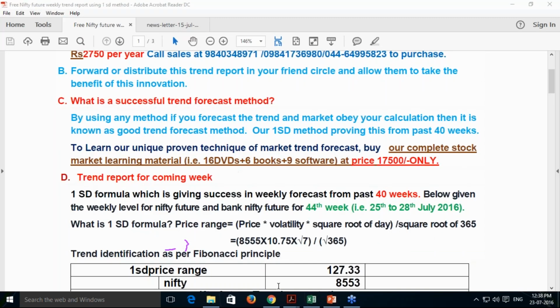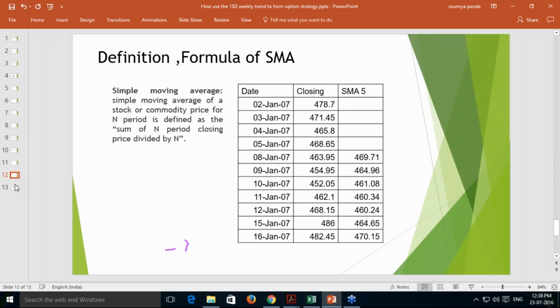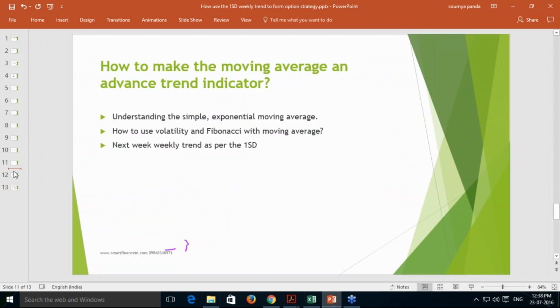Through this session, I wish to convey that many of you are using the moving average in its crude form. Just try to use it in this particular form by introducing the volatility and Fibonacci. You will find the success ratio of this particular method will be more. That is what I wish to say.